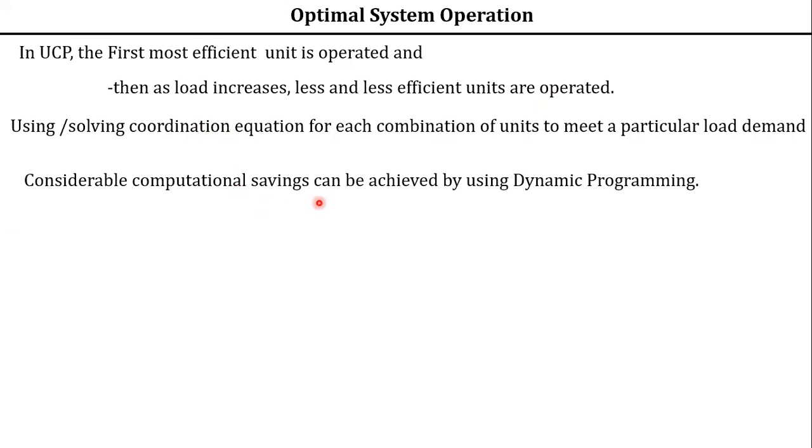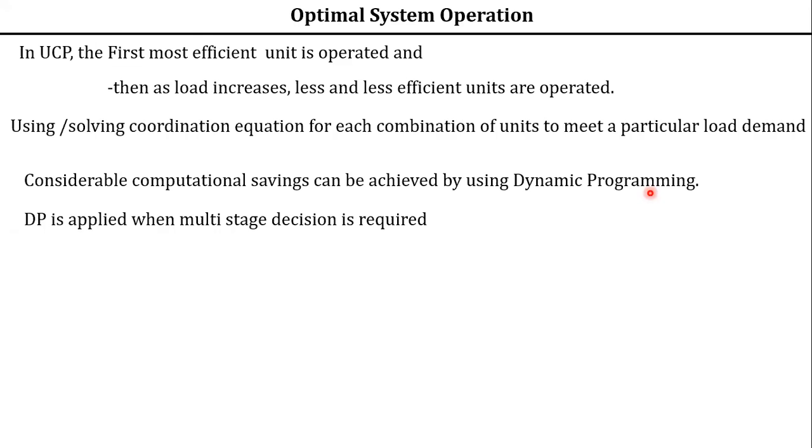Considerable computational savings can be achieved by using dynamic programming, as I said earlier. Dynamic programming is the optimization technique used to solve this unit commitment problem. We use dynamic programming whenever a multi-stage decision is required. What is multi-stage here? Each hour you have to take a decision.